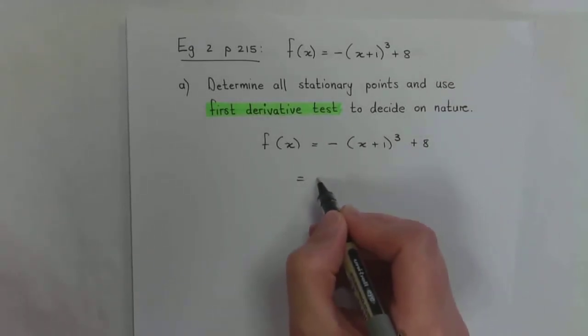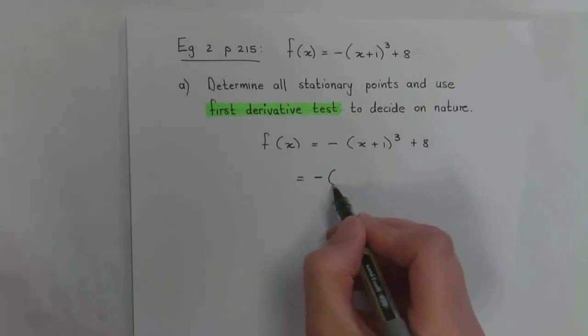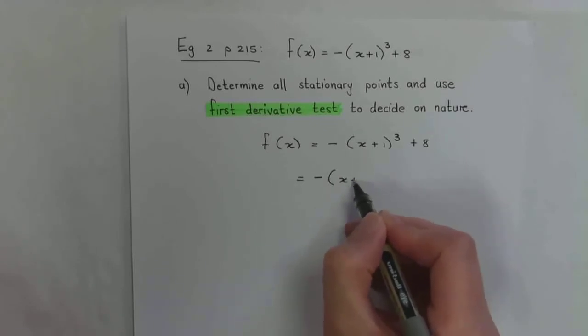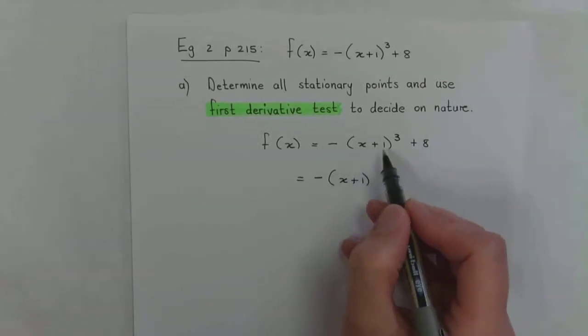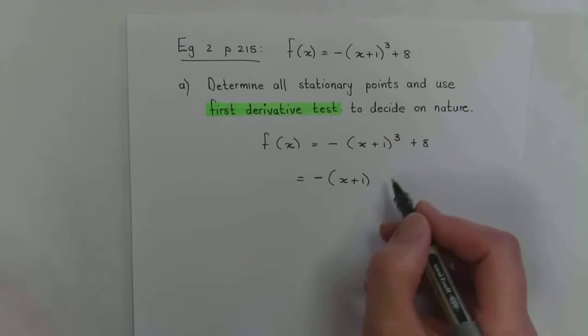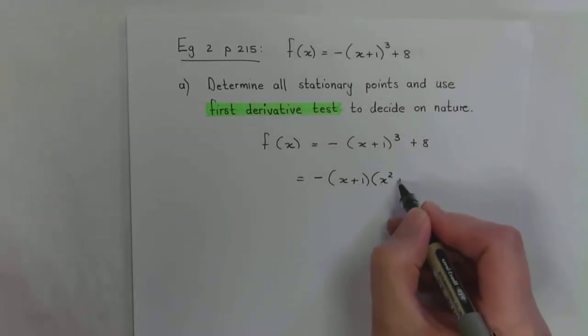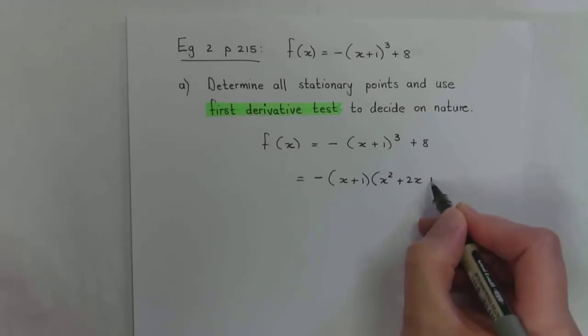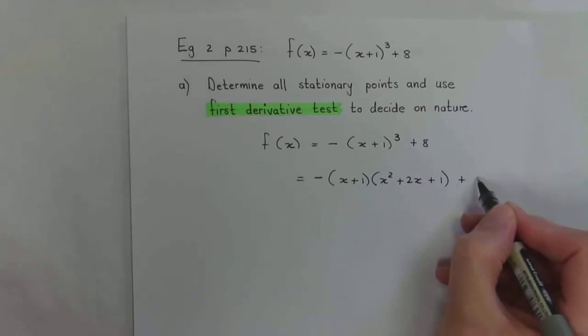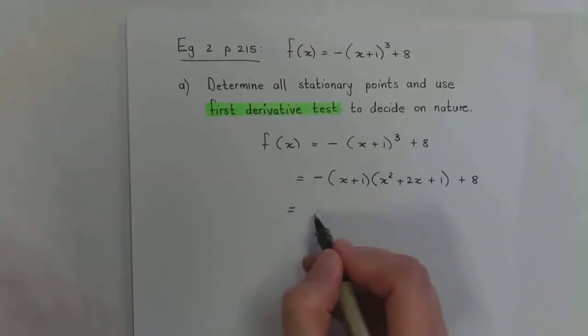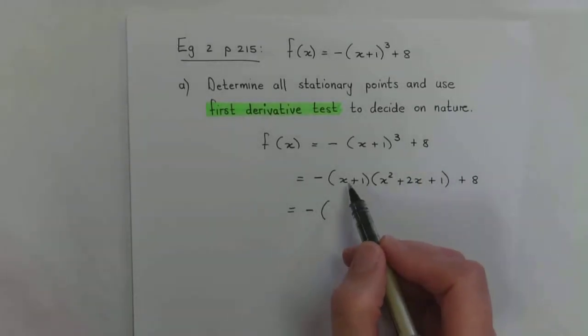So I'm going to put the minus over here, and I'm going to say I've got (x plus 1), and I'm going to split this up into (x plus 1) times (x plus 1) squared, because there's a shortcut for (x plus 1) squared, which is x squared plus 2x plus 1. And there it comes down. Then I'm going to leave the minus out there. I will remember to distribute it just now, and I'm quickly going to do the multiplication.